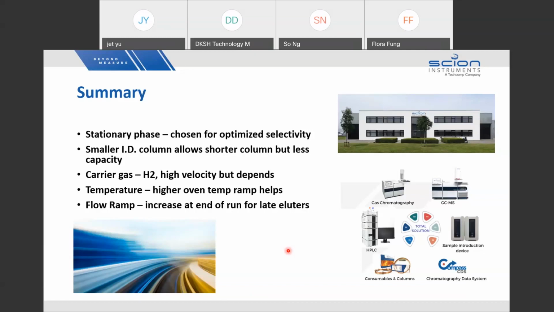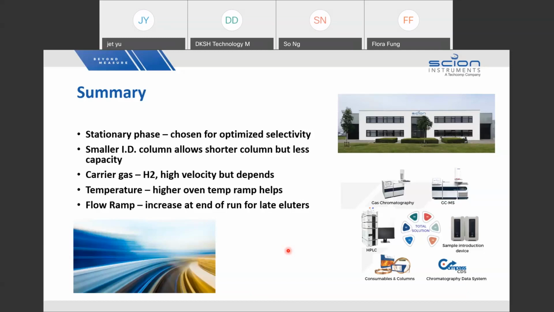Temperature, in general: a higher oven temperature ramp helps to reduce the analysis time. The ramp is a different story compared to the temperature.